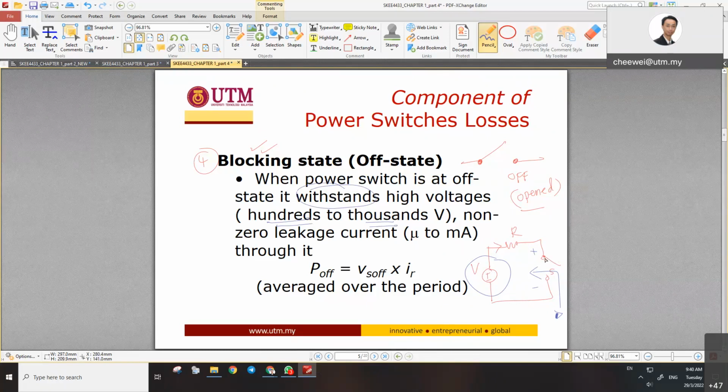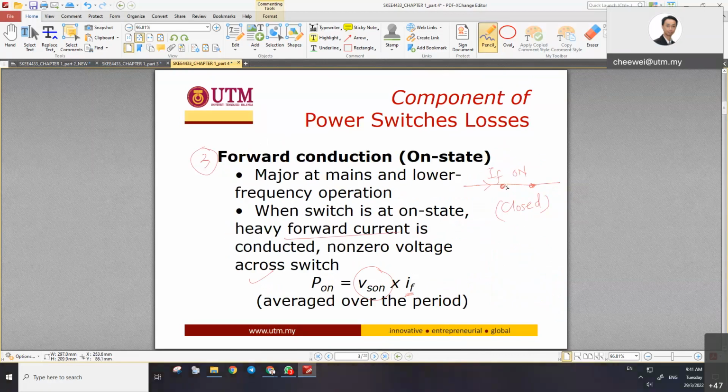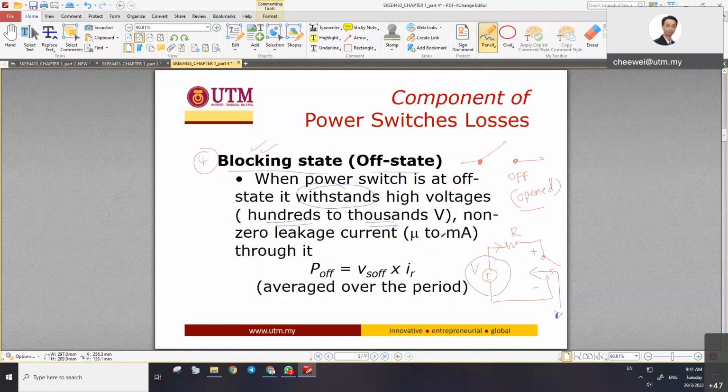So that one is known as the blocking state, off state, the open loss. Okay, the loss during blocking state. Just now was the loss during the on state. Normally in on state, the voltage is small because it is forward conduction voltage drop. But when it is off, the voltage is actually the supply voltage. So the voltage is high.